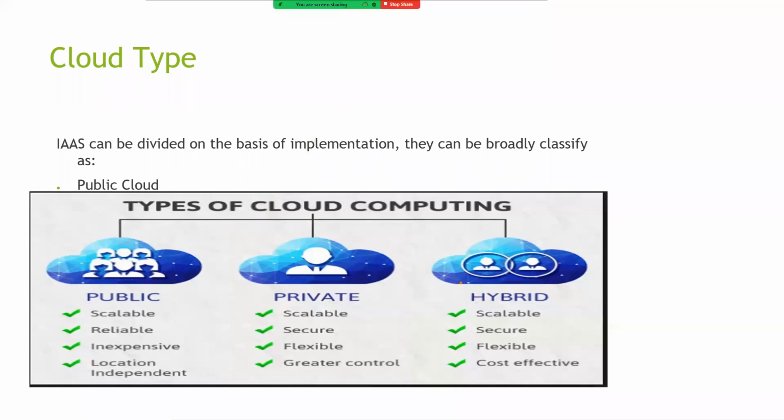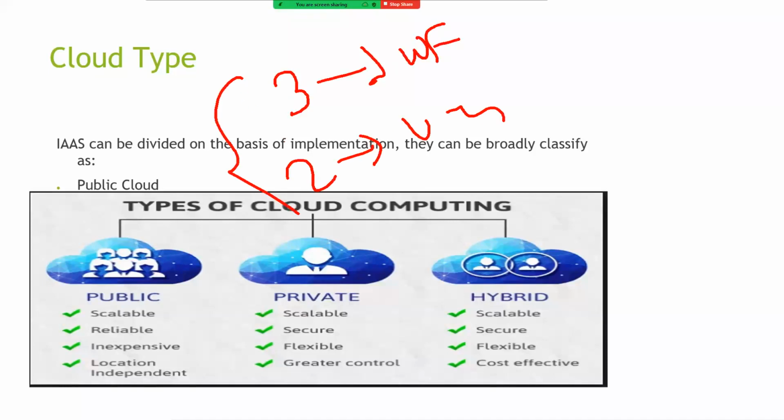Next, hybrid. What is hybrid? Quite a common keyword, hybrid model. For example, if you consider our IT industry itself, three days work from home, two days work from office. The combination of work from office and work from home is called a hybrid environment.